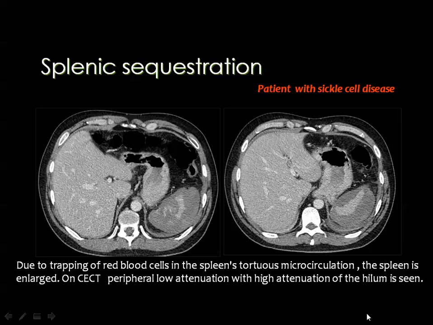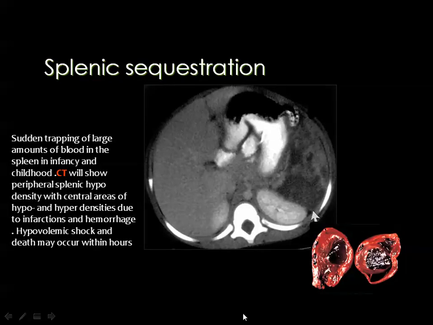In this condition, you can see that the spleen is large and the splenic parenchyma is mottled. Some are hyperdense, representing the trapped blood within the spleen, and the rest of the spleen is hypodense, reflecting the ischemia of the splenic tissue itself.